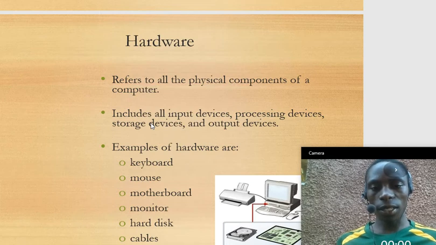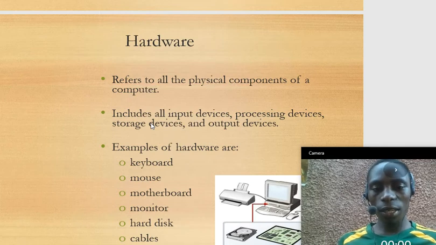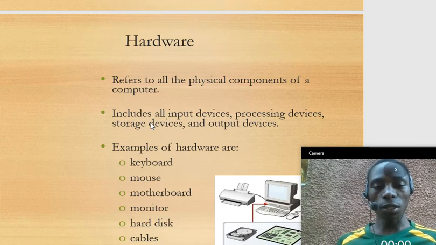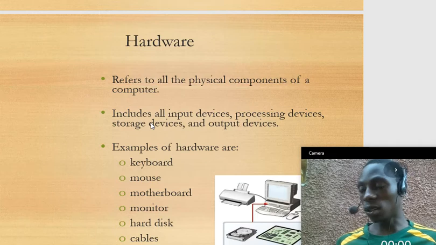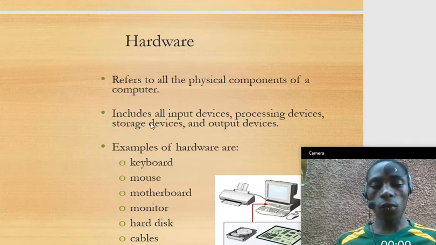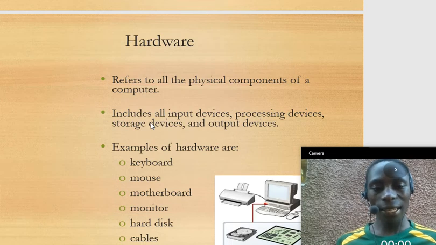So these components include all input devices, processing devices, storage devices, and output devices. If we have a computer system and want to describe hardware components or hardware parts, we are looking at all the input, processing, storage, and output.